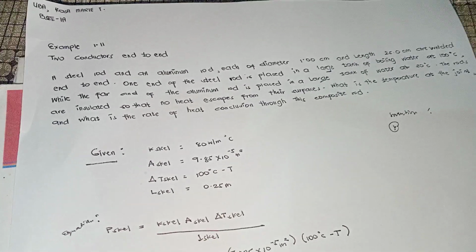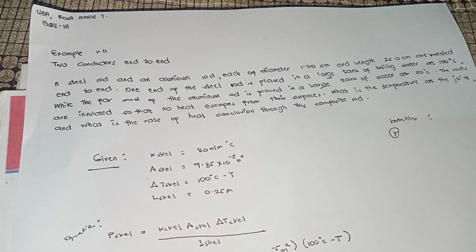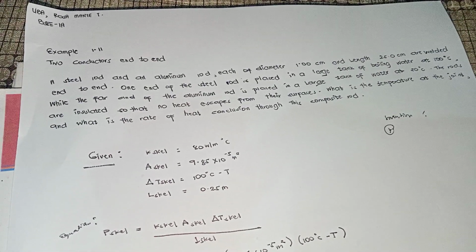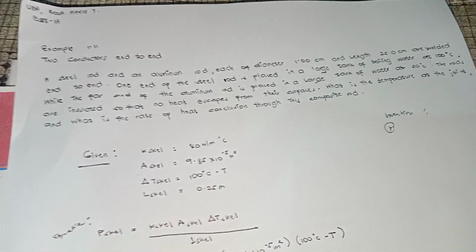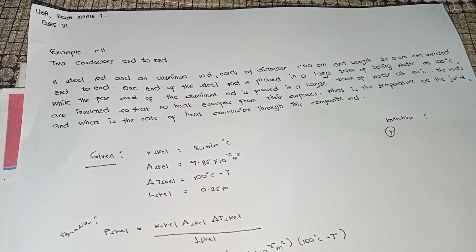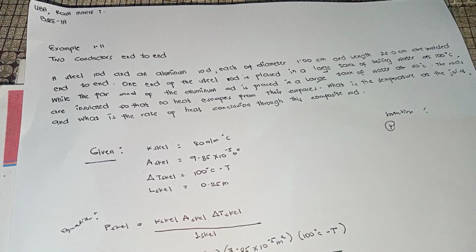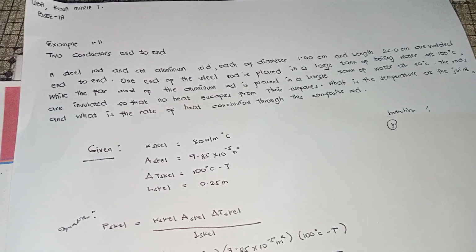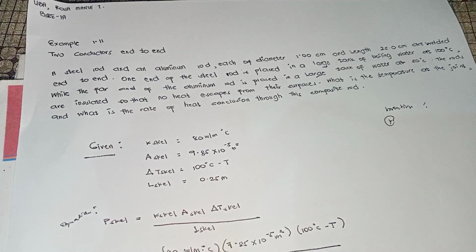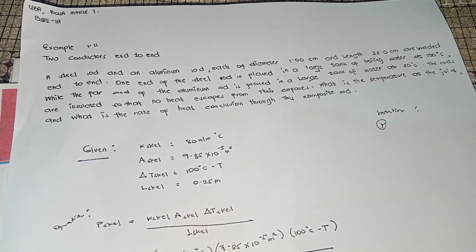One end of the steel rod is placed in a large tank of boiling water at 100 degrees Celsius, while the far end of the aluminum rod is placed in a large tank of water at 20 degrees Celsius. The rods are insulated so that no heat escapes from their surfaces. What is the temperature at the joint, and what is the rate of heat conduction through this composite rod?